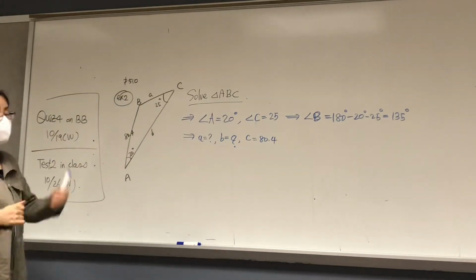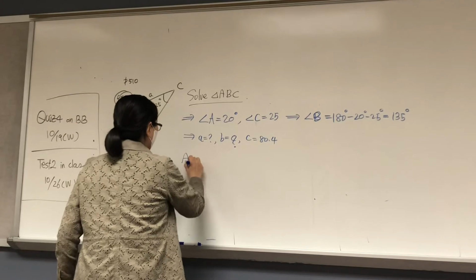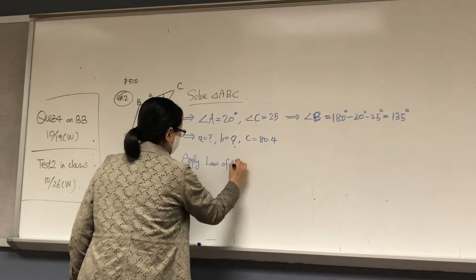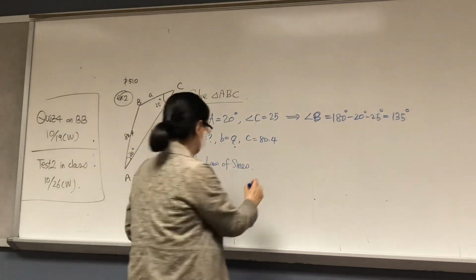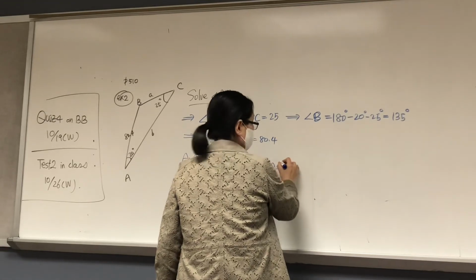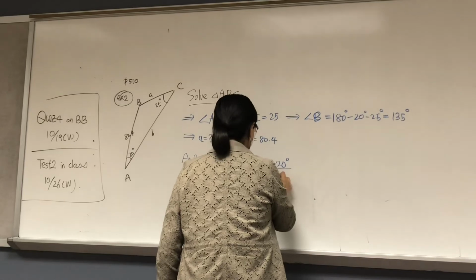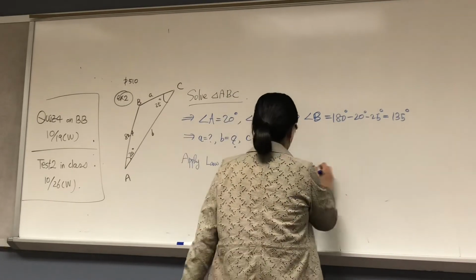How do you find A and B? Apply the sine law: sine A over A. So, do that. Sine 20 over A equals, which one is known?